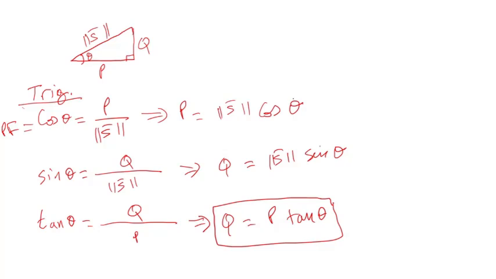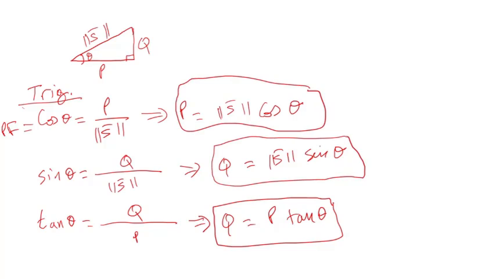This is very useful. So you don't have to memorize these. If you just draw the power triangle, you can derive them. And cosine theta is called the power factor.